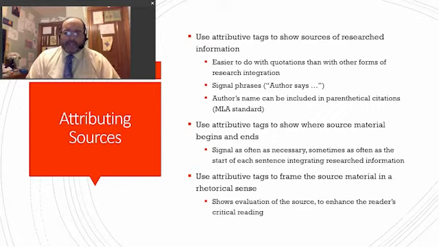Use attributive tags to frame the source material in a rhetorical sense. It shows evaluation of the source to enhance the reader's critical reading. That's where you could use verbs such as believes or claims. If it's not something that is absolute fact, if it's something that they're trying to assert, then you want to use something that is not just "he says this" or "he mentions this."